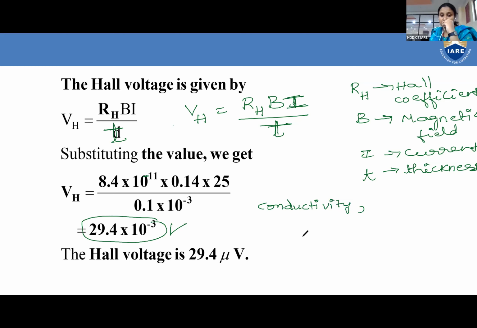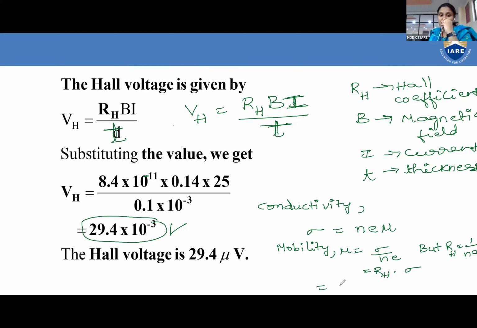Here conductivity, sigma. Sigma is the notation for conductivity. It is given as Ne mu. So from this, what is our mobility? Mobility mu is equal to sigma by Ne. But we know that Hall coefficient RH is 1 by Ne. So this formula we can write as RH into sigma.